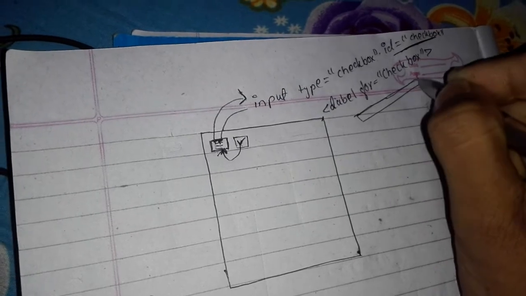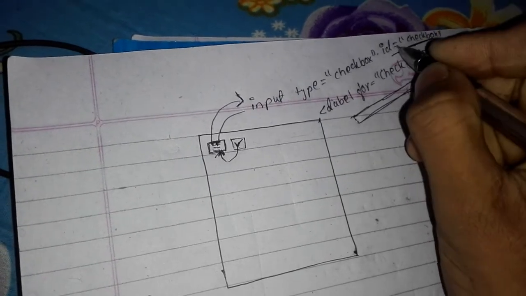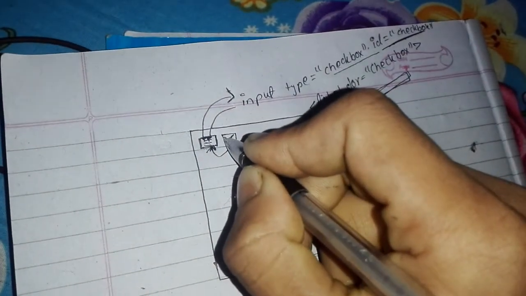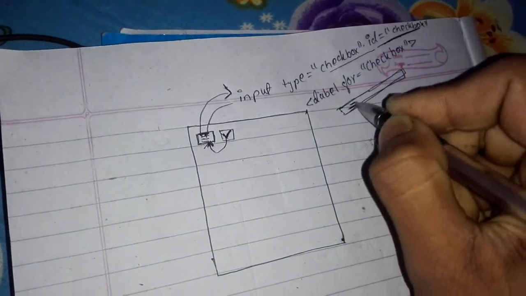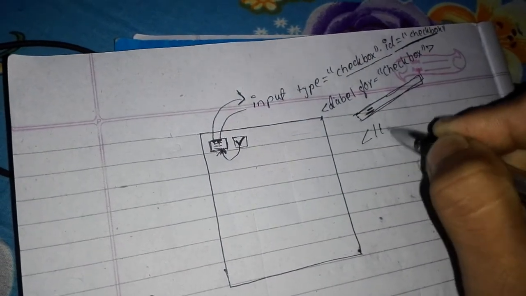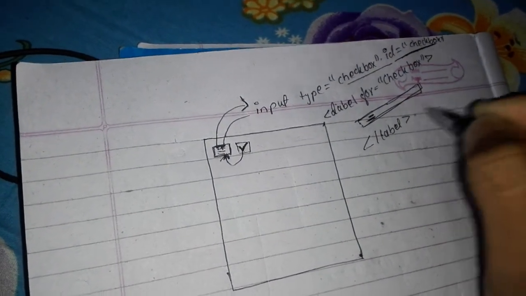If we click this content then it will trigger this checkbox. If we click here then it will be checked. If again we click here it will be unchecked. So in this way it will work.